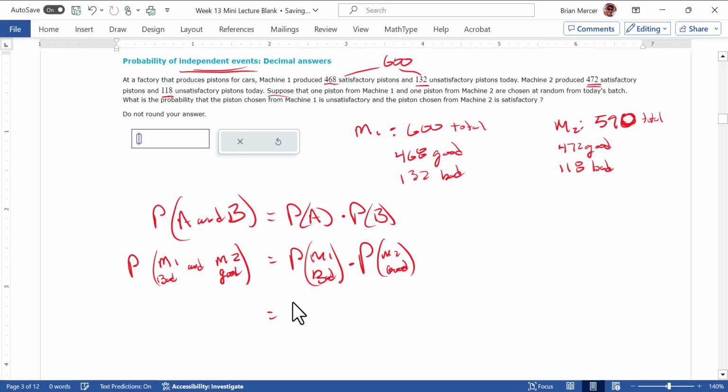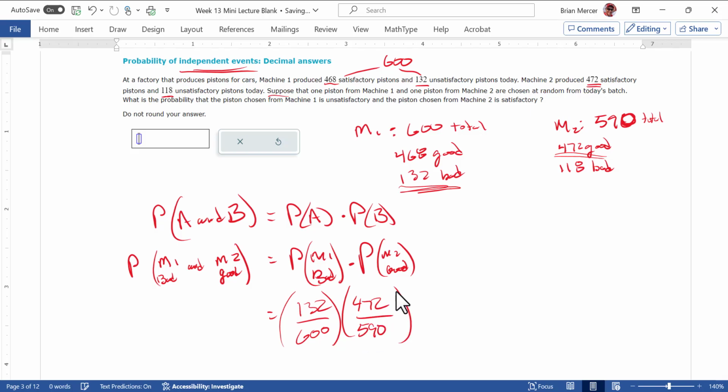Well, M1 is bad. That's going to be 132 out of 600. And times the probability that M2 is good. So I'm looking right here. That's 472 out of 590. And with a little bit of calculator work, you'll get that is 0 point.